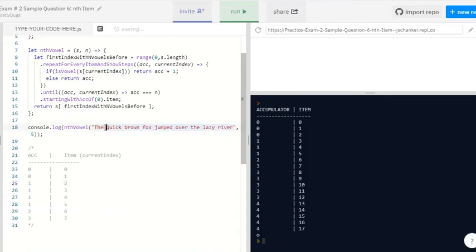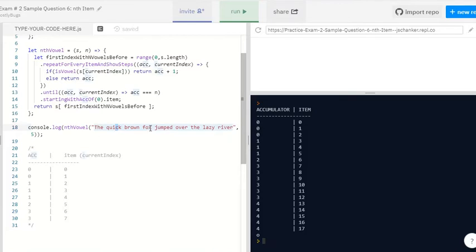And we'd say then there is still 1 vowel up to and including position 3, still 1 vowel up to and including position 4, 2 vowels up to and including position 5, 3 vowels up to and including position 6, and then still 3 vowels up to and including position 7, right?